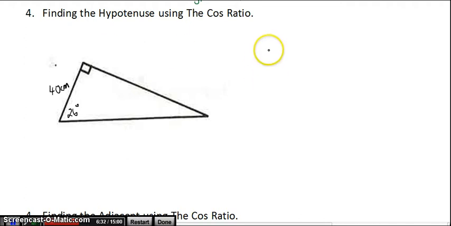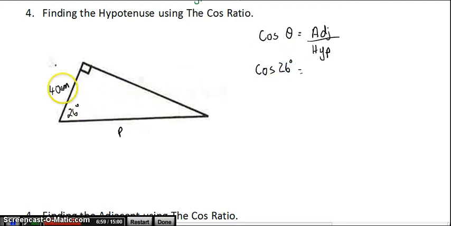Once it's drawn up in your book, again, let's work out this question using our cos ratio. So we write our ratio down in our books first. Cos theta, do you remember, is adjacent side now, divided by the hypotenuse. We write in our information that we have. Cos theta is 26 degrees.